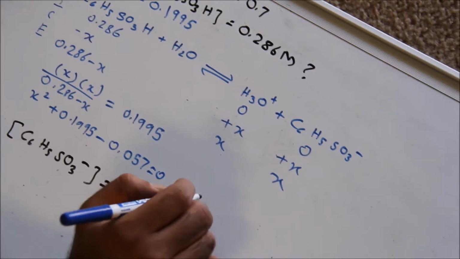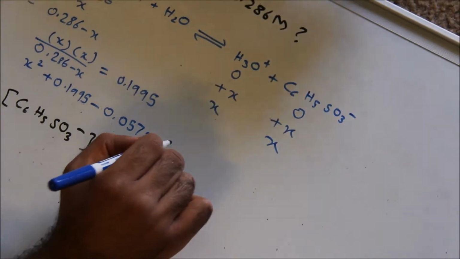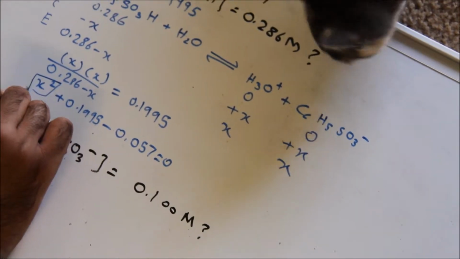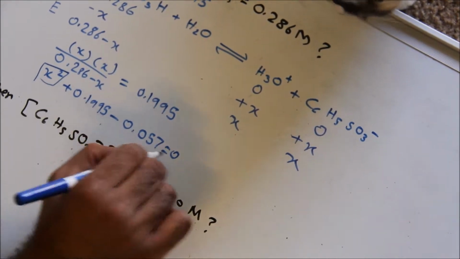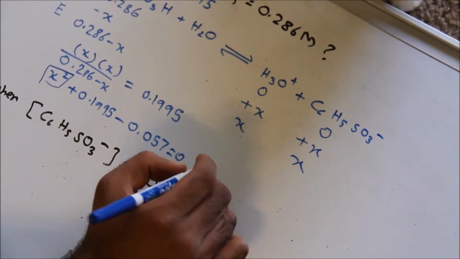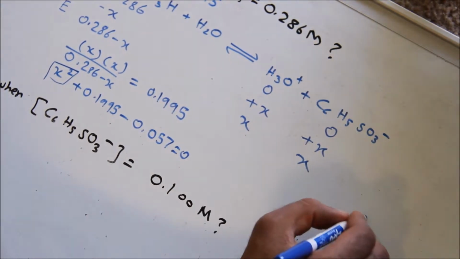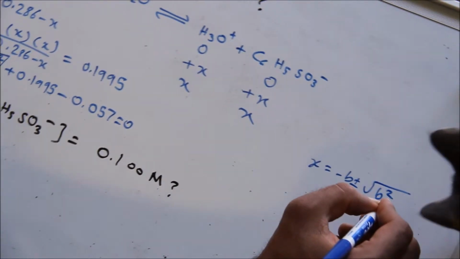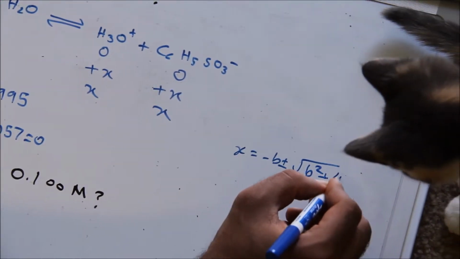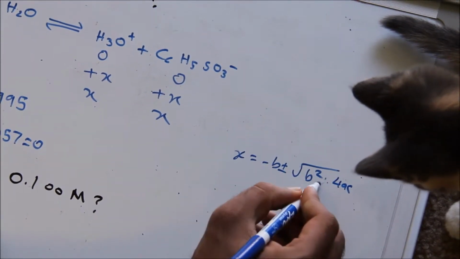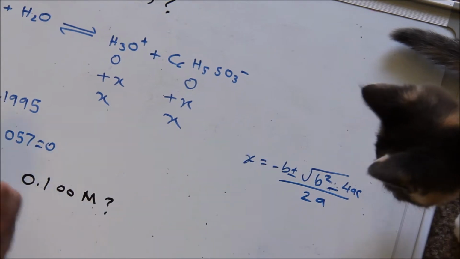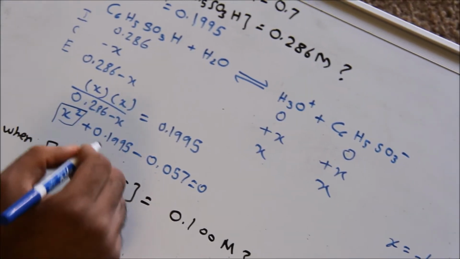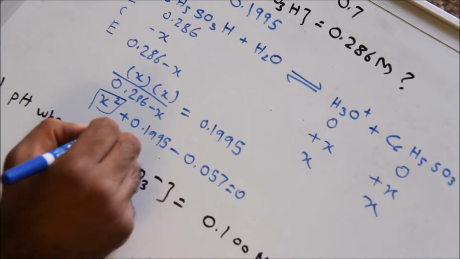So now just to solve for x, all we have to do is solve the quadratic equation. I just use my calculator, but there's actually a formula for it too. This is x equals minus b plus or minus the square root of b squared minus 4ac, not plus, it's minus, divided by 2a. But I'll just use my calculator to find it.